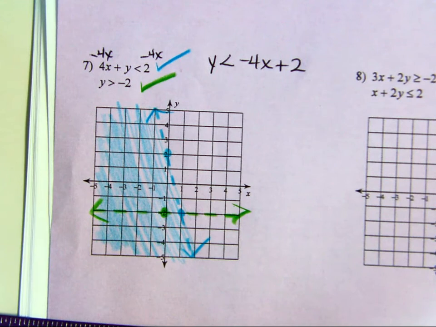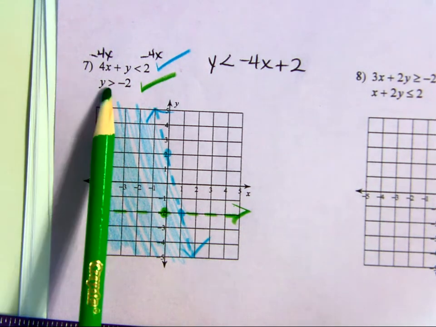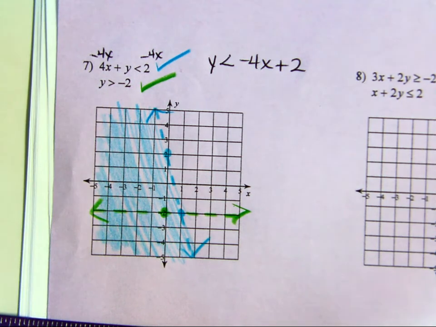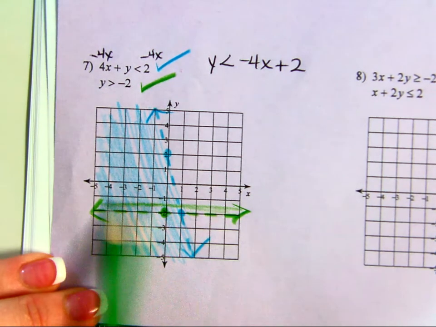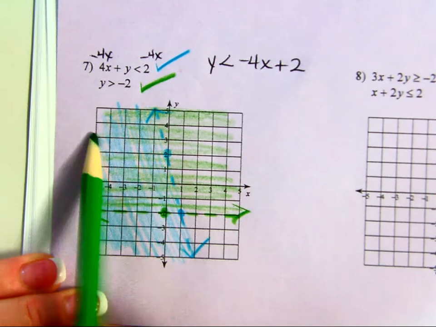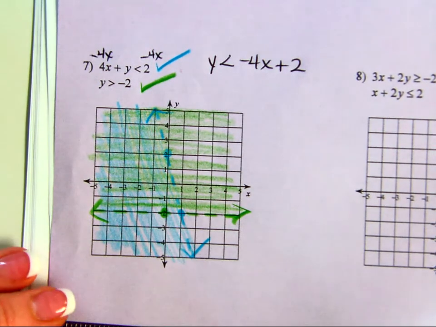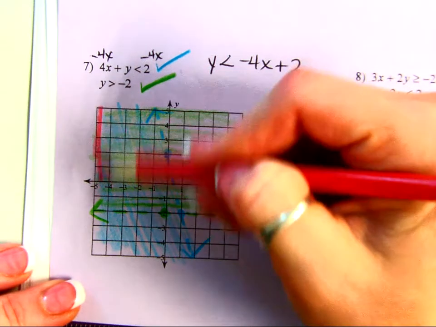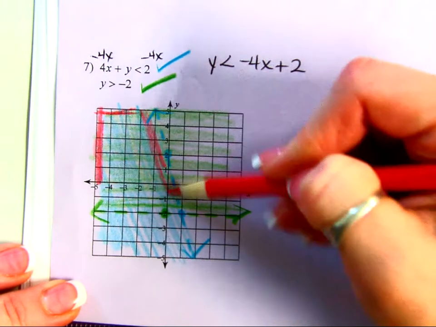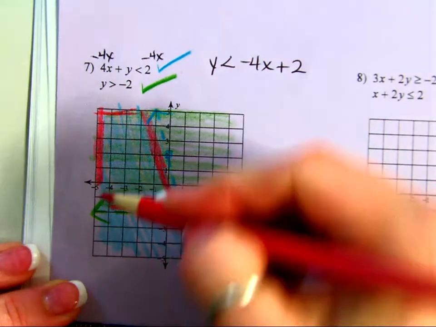Now there's an obvious above and below in this one, right? I want it greater than, so I'm going to shade above, and then you have to be able to tell where your overlap is. Okay?